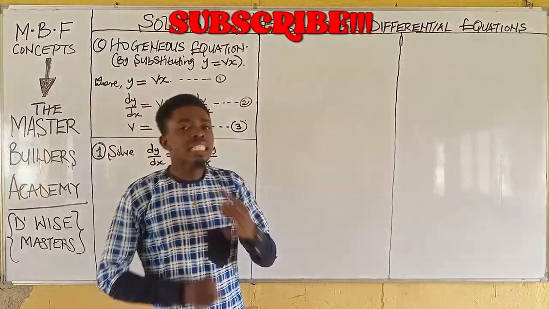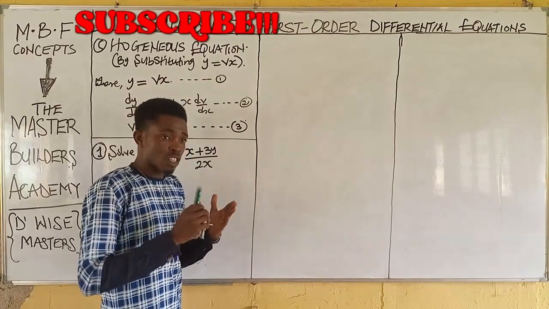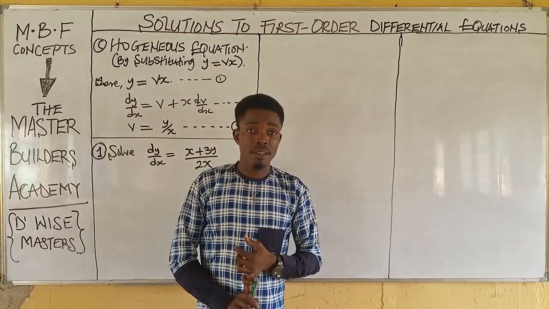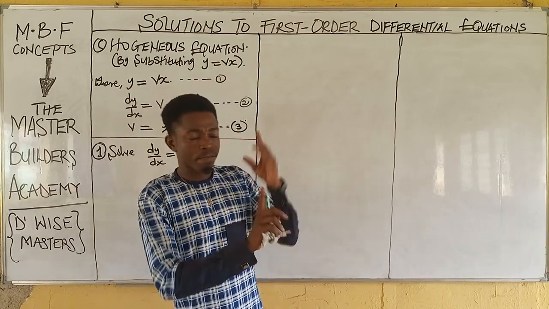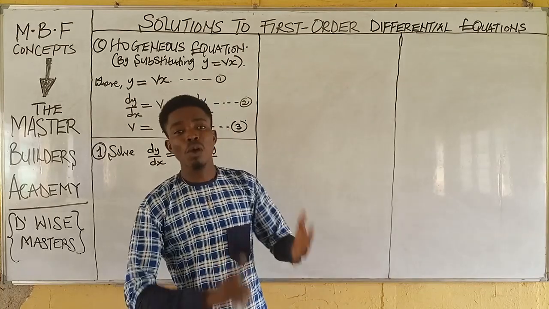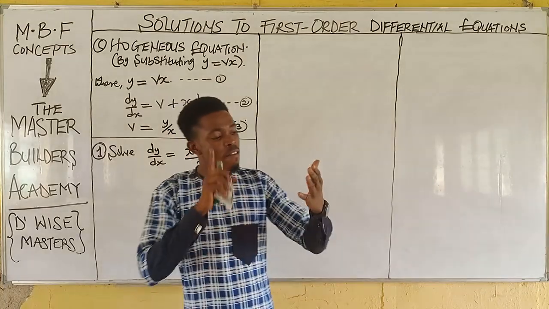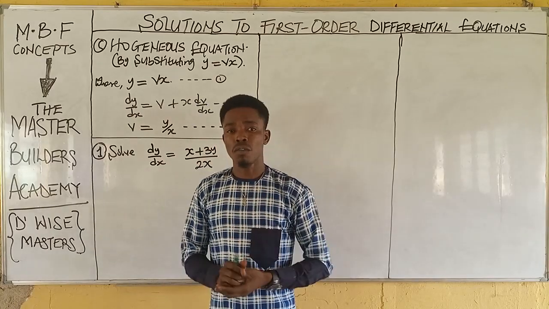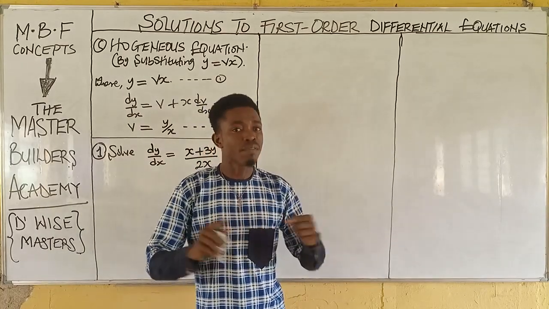Now, I remember I explained how to know problems that are solved with direct integration when dealing with first order differential equation. I equally explained how first order differential equation comes for you to make use of the separating the variables method.